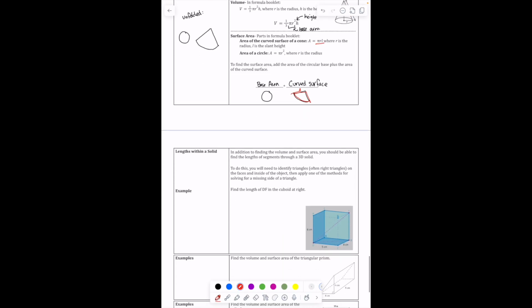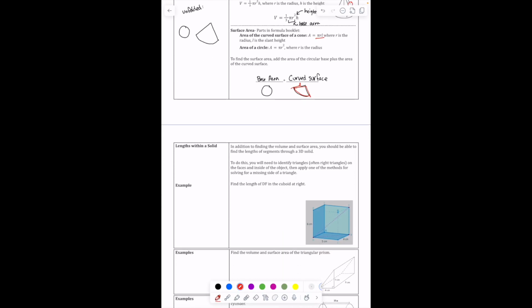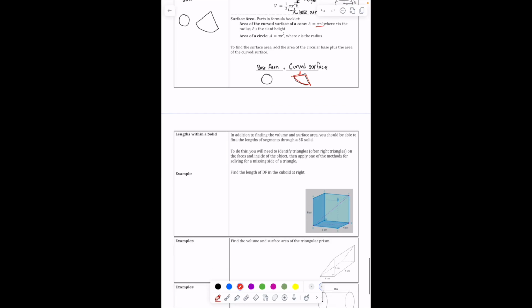All right. So another common thing that we will be asked to do this unit is finding the dimension of lengths within a solid. Often they're called a transversal. It's going through.